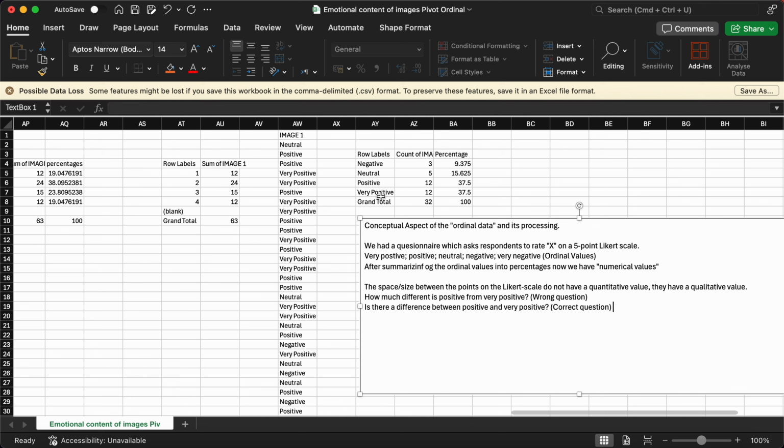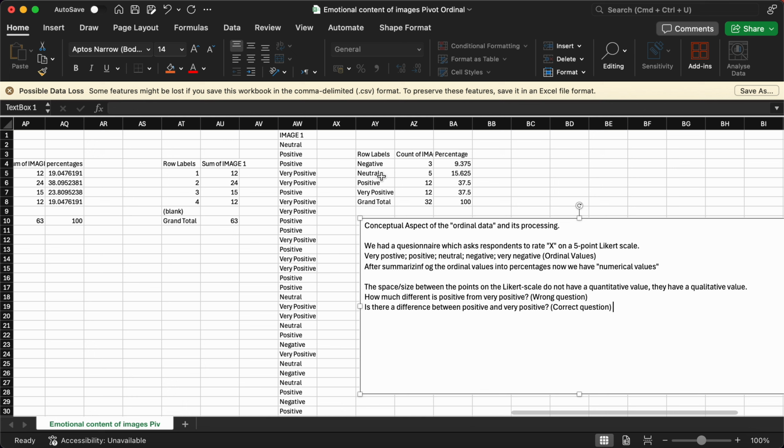That is not the same as claiming that because 37% answered very positive and 15% answered neutral, you know the space between very positive and neutral. No, you don't know the space between them.